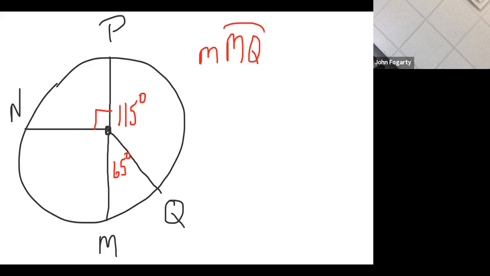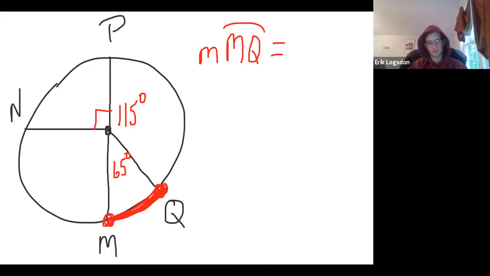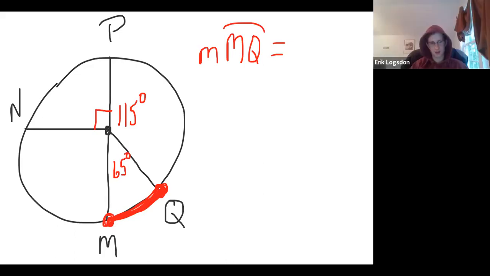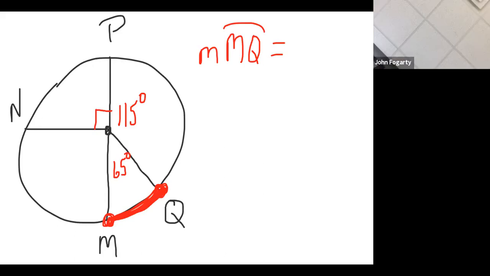Well, my first question to you is, is that going to be a minor arc or a major arc? Minor. Less than 180 or greater? What's the measure of MQ? 65. Why? Because that's the measure of the central angle that cuts it. Does that make sense?